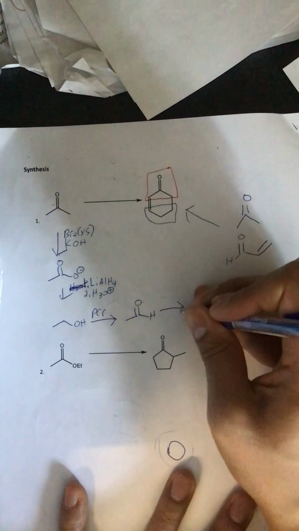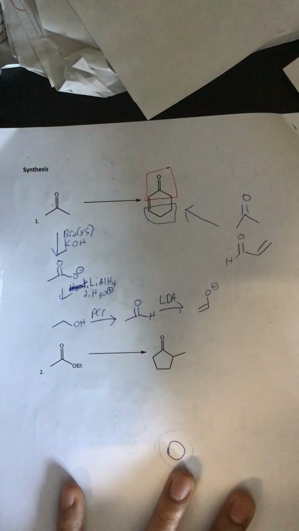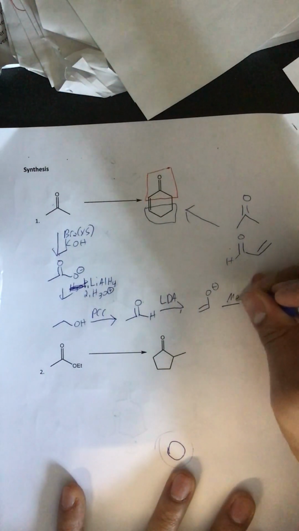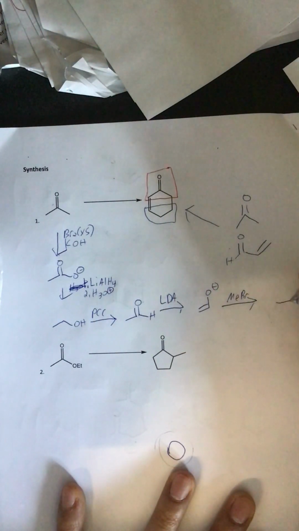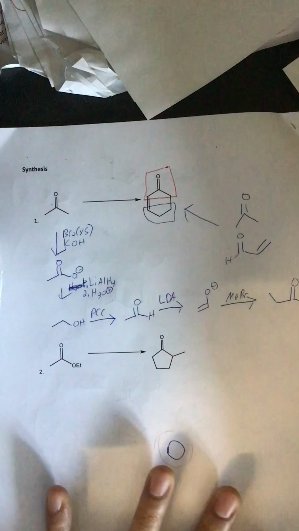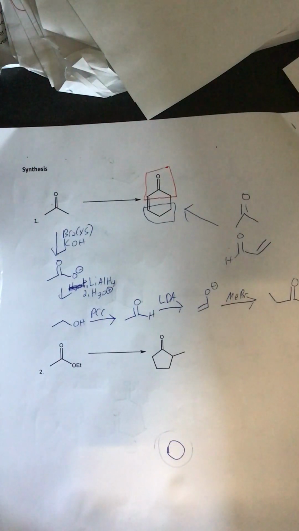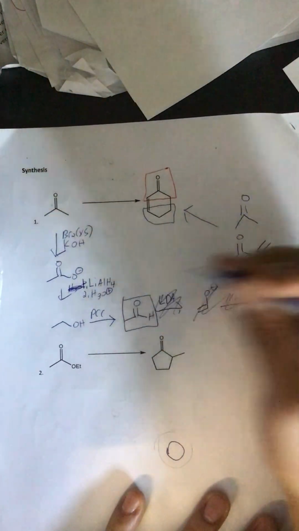Get the aldehyde. From here I can use like LDA. Get my enolate, and then I could add like a methyl bromide, and I'll get to this. Maybe I don't want to do that. Maybe I want to cut a carbon off. No, I don't want to do it that way, sorry. I want to do it this way. Hold on to this. This will be used later.